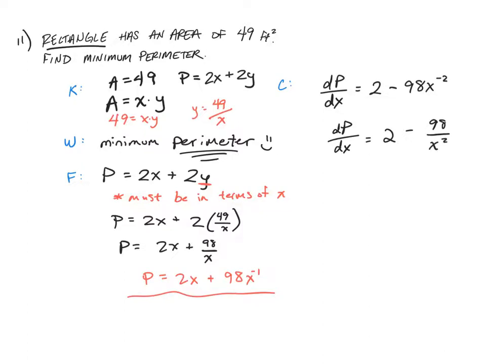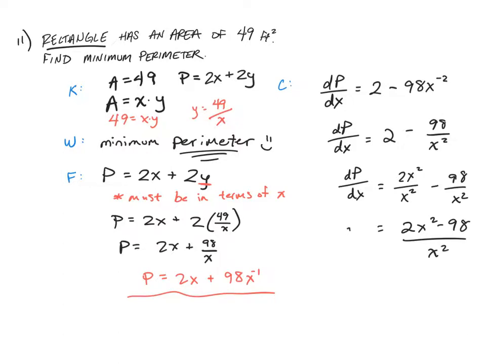And if I wanted to make common denominators, I could write that as 2x squared over x squared and combine, so it could all be one fraction of 2x squared minus 98, all over x squared. We are learning so much right now. It's nice to have two math experts like yourselves here with me today.